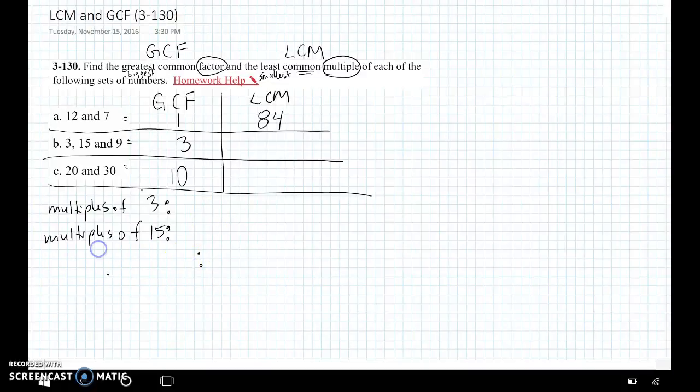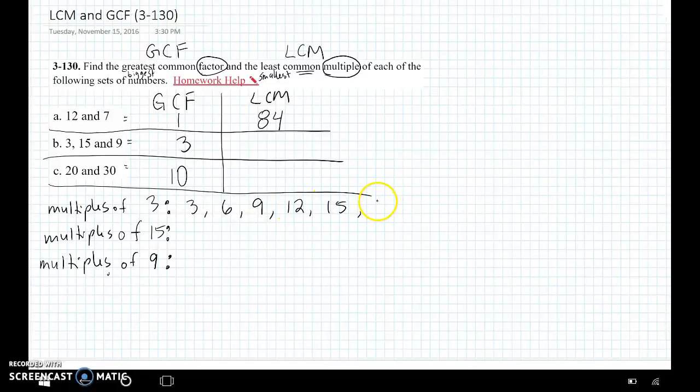Sorry, that's so sloppy. All right. So 3 times 1, 3 times 2, 3 times 3, 3 times 4, 3 times 5, 3 times 6, 3 times 7. All right, let's stop for a minute.